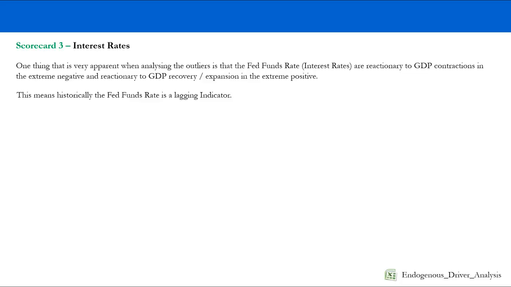It lags leading indicators and lags GDP. So this obviously begs the question: if interest rates are a lagging indicator, how are they useful in our analysis in terms of scorecarding a currency? Obviously, we want to try and predict future situations.